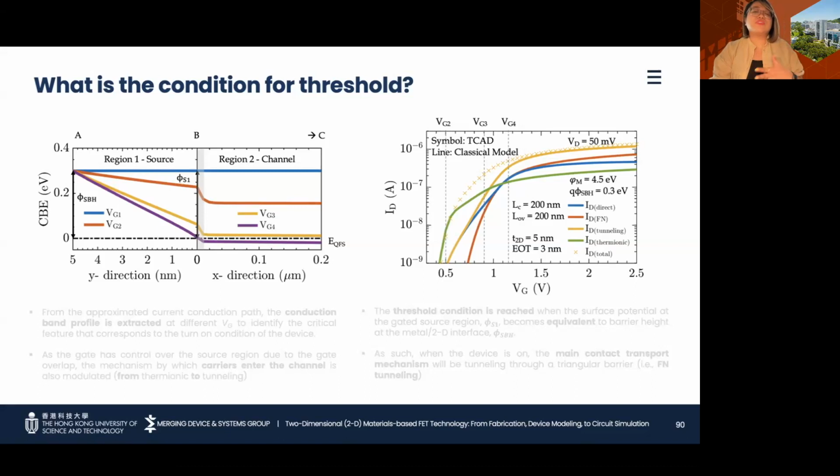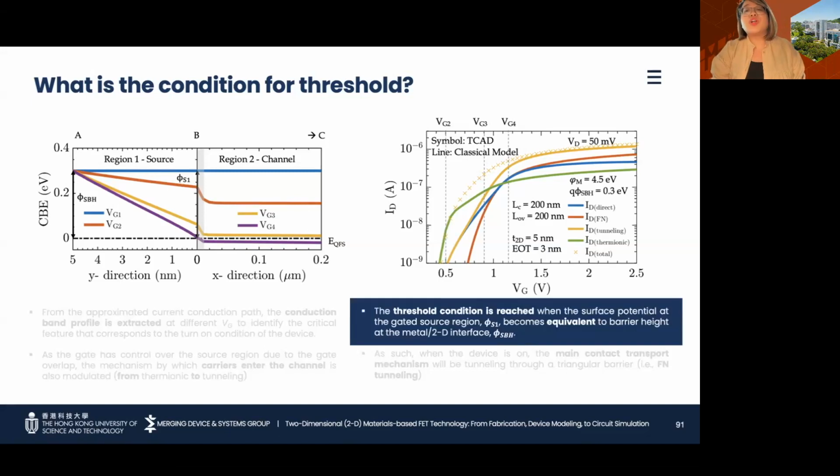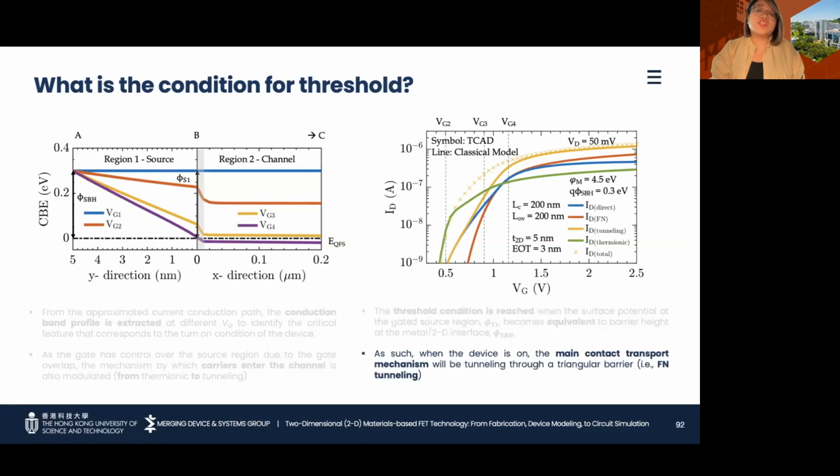So, given these correlations between the band diagram and the transfer curve, it becomes clear that the turn-on condition happens when the applied gate voltage induces a source surface potential equivalent to the barrier height at the metal 2D interface. And the charges in the channel will mainly come from electrons that tunnel through using FN tunneling.